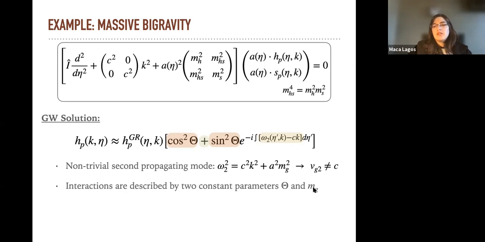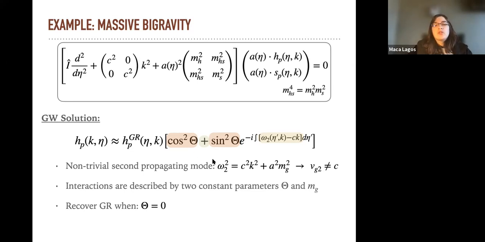And this is the second parameter, mg, which is telling us how much the second eigenmode dispersion relation deviates from GR. And we can recover GR by choosing a mixing angle equal to 0. So this is 1, this vanishes, and we recover that our signal is equal to the signal in GR.